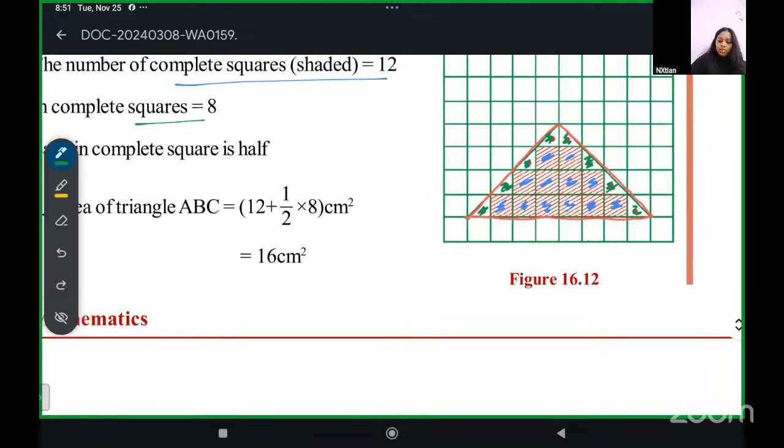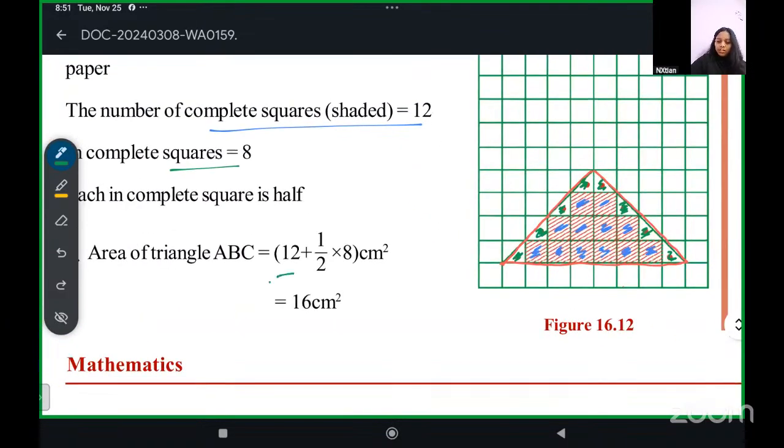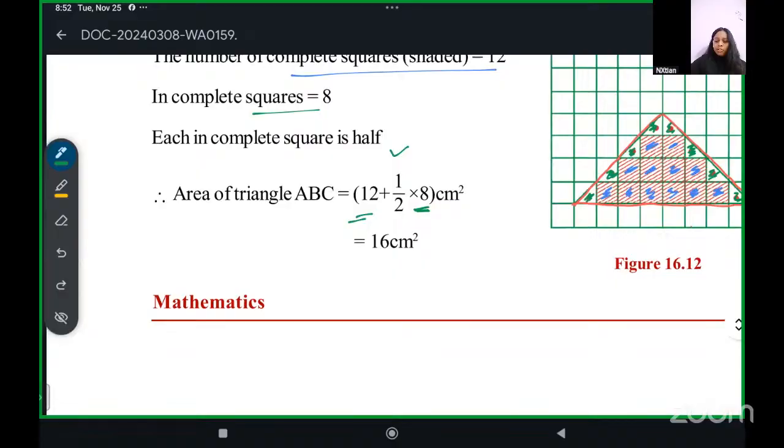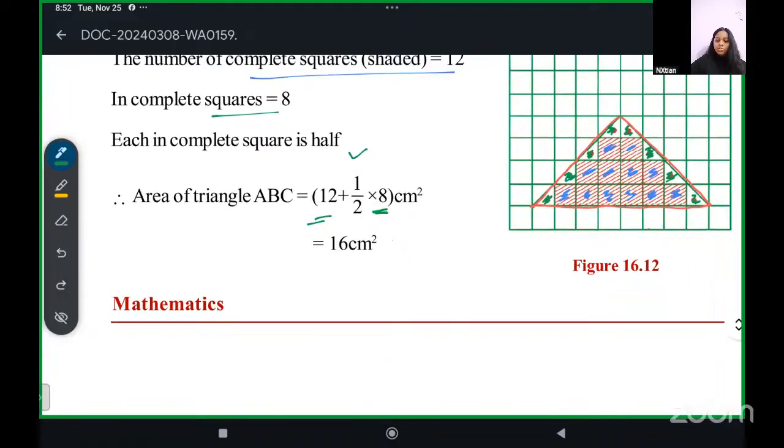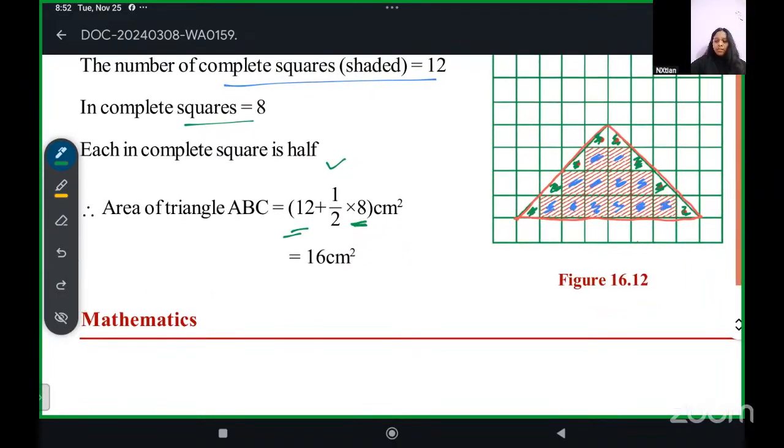So 12 we will take, plus half multiplied by the ones which are half shaded. Number of full squares plus half into 8. It means we are taking the half of 8.